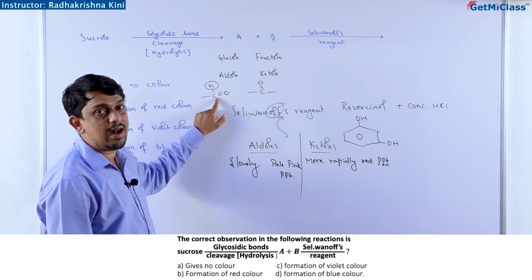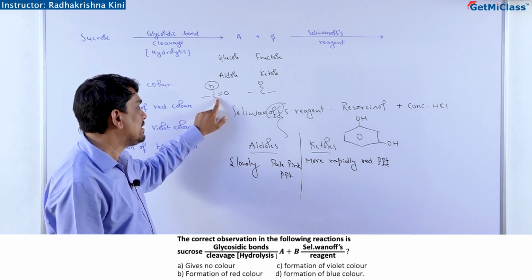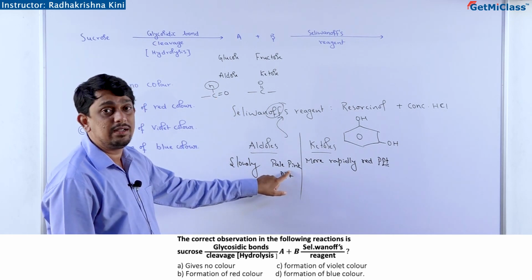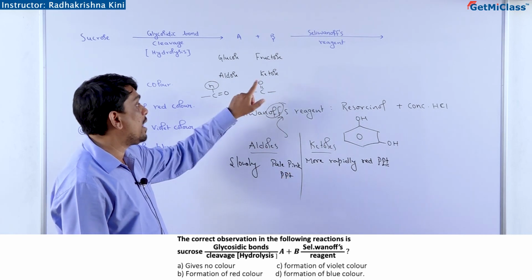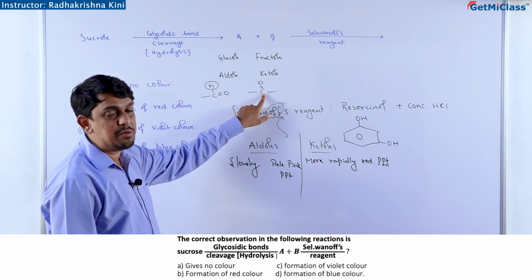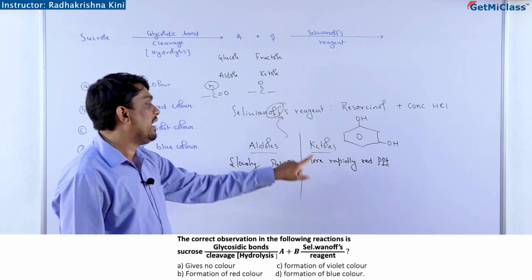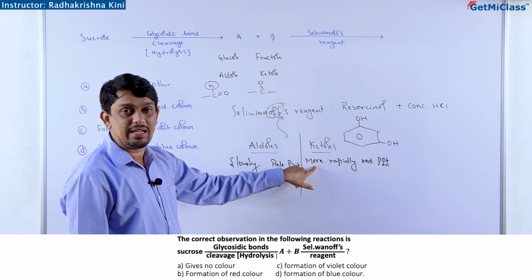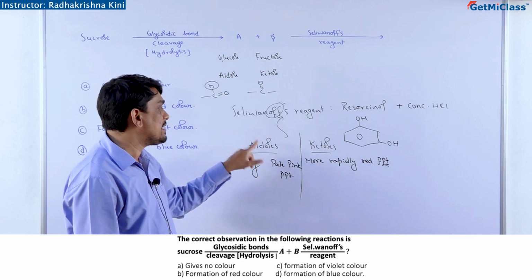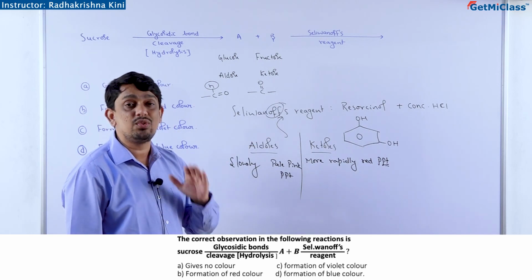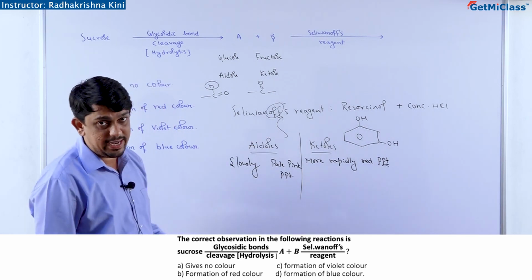Aldehyde we always say is more reactive, but you can see it is giving the pale pink precipitate slowly after some time. I always tell that ketone is less reactive, but here I am seeing that it is giving the red colored precipitate rapidly. So, to distinguish ketoses and aldoses, we are using the Selivanov's test.